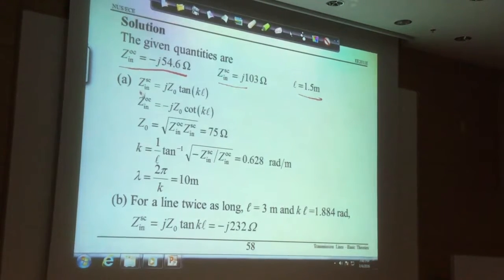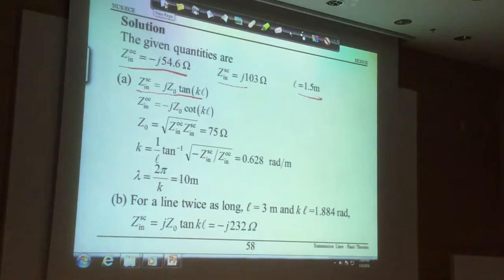The input impedance for short circuit can be given by this equation. Previously, for open circuit, it can be given by this equation, right? Now this value is given, this value is given, this is given.